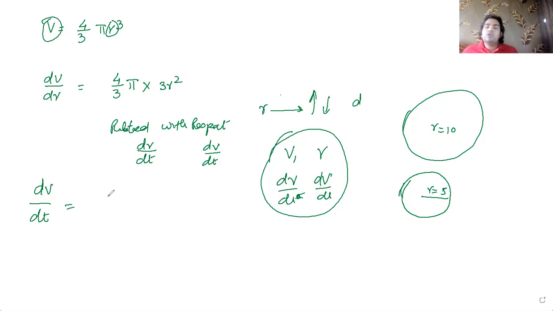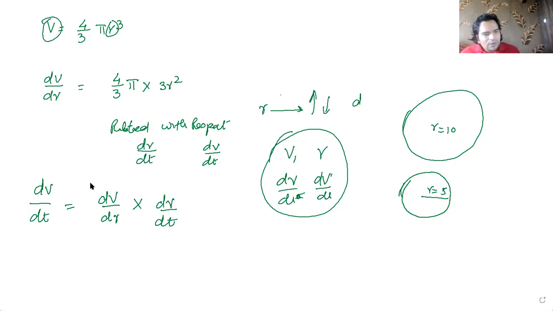That can be broken into two parts: how volume changes with respect to radius, times how radius changes with respect to time. In simple terms, some people say you can cancel dr and dr and still get dV by dt, but it is linked to the fact that the rate of change of volume with respect to time is how volume changes with respect to radius times how radius changes with respect to time.